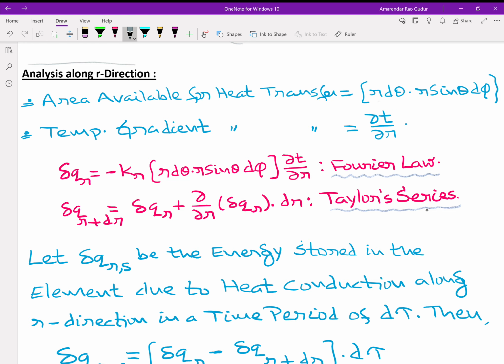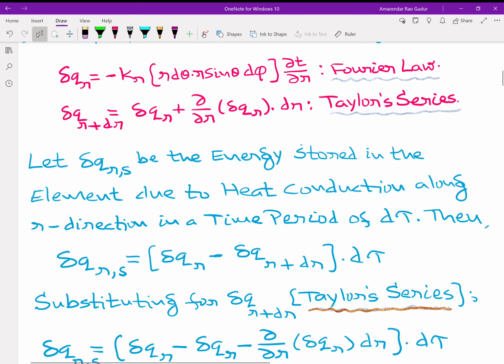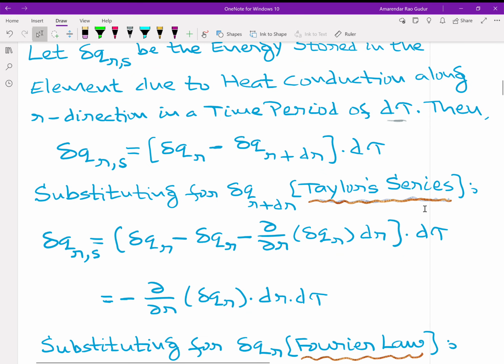And del Q r plus dr can be expanded into Taylor series as del Q r plus del by del r del Q r dr. Now we assume that del Q r comma S is the energy stored in the element due to heat conduction along r direction in a time period of d tau. Then obviously del Q r comma S should be del Q r minus del Q r plus dr times d tau.